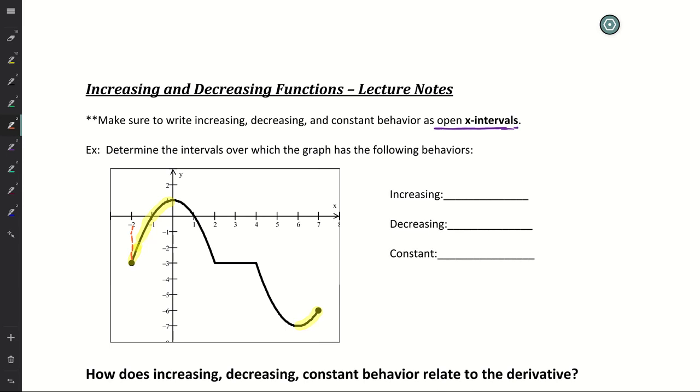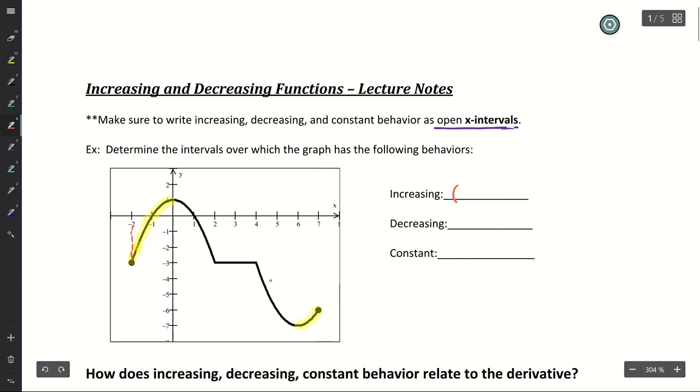So starting at -2, I start my increasing behavior. So I'll do an open parentheses, denoting that I'm not including the -2. And then now I'm going to figure out where my function stops increasing. So it looks like it stops increasing up here at this point. So what's the x value that goes with that? The x value that goes with that is 0. So I say I'm increasing from -2 to 0, not including either one.